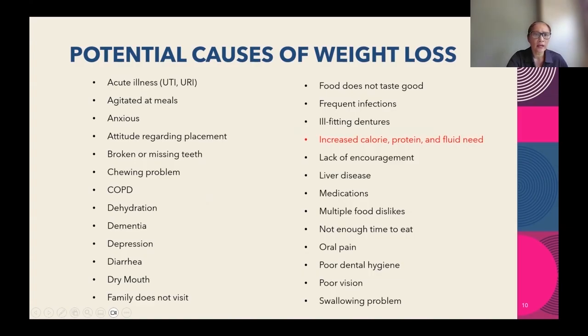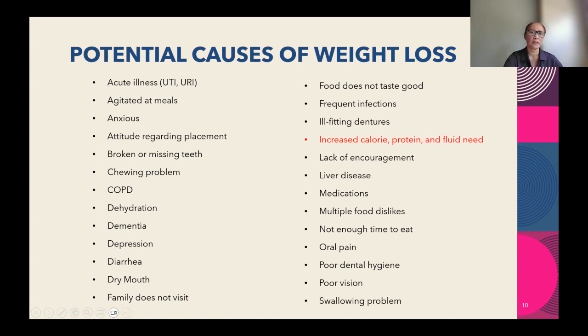Was the resident anxious? Does the resident have broken or missing teeth or chewing problem? When was the last time we considered COPD that might impede their appetite or just total intake? Depression, possibly. Dry mouth. How often do we see some residents with poor oral care?